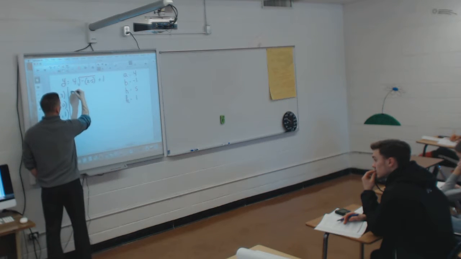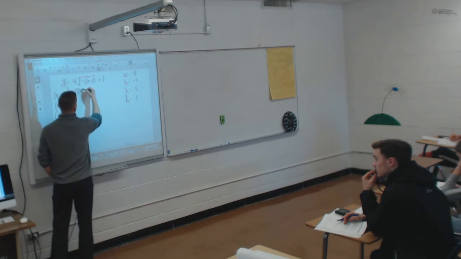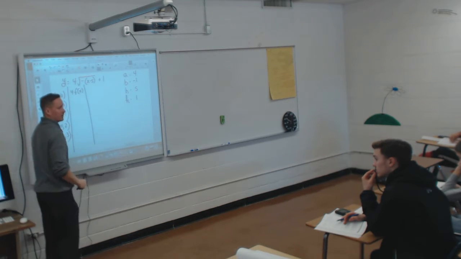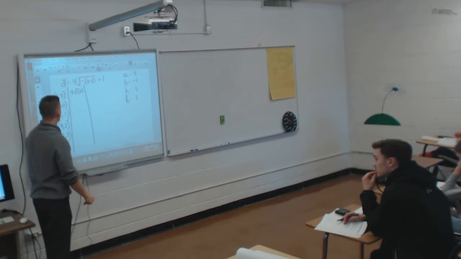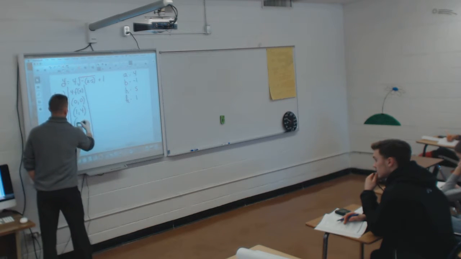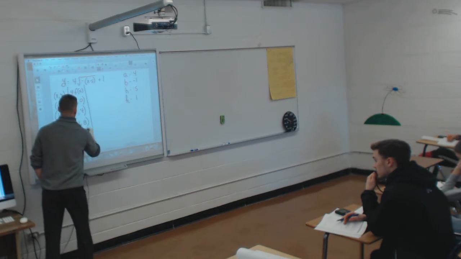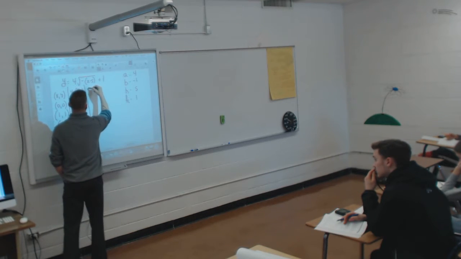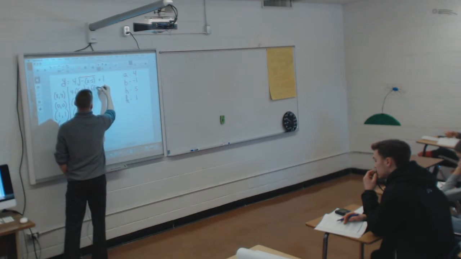Okay, so now 4f of x. What are my next points? 0, 0, 4, 4, 8, 12. Okay. 4 f of negative x.